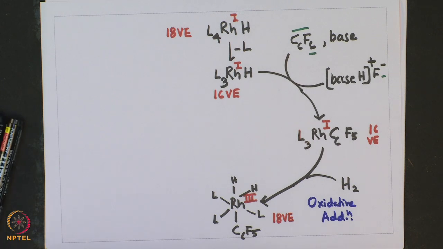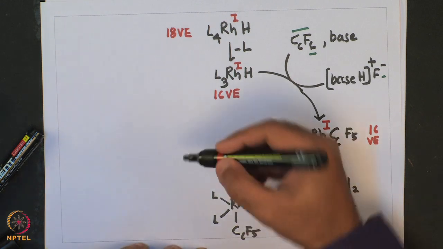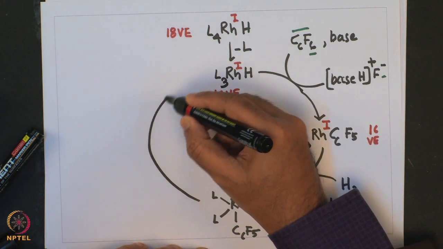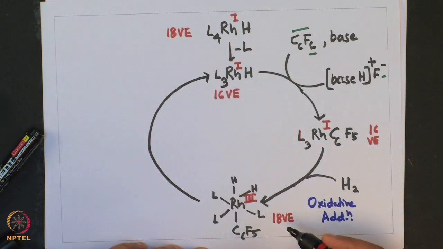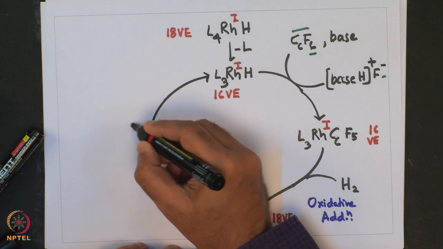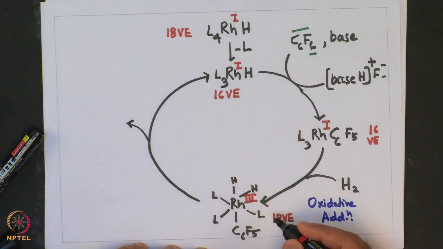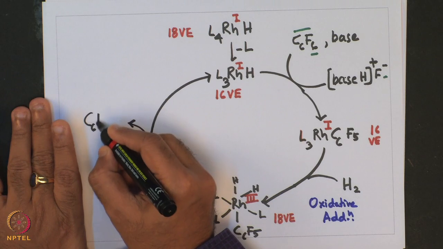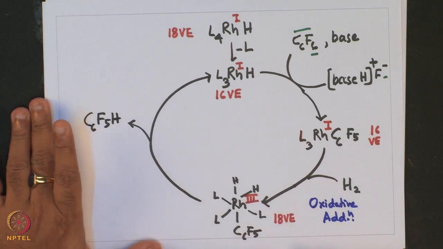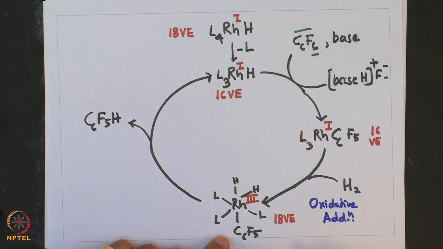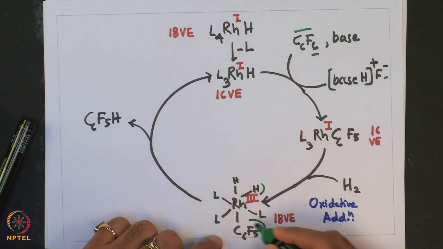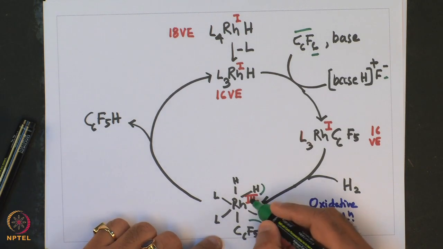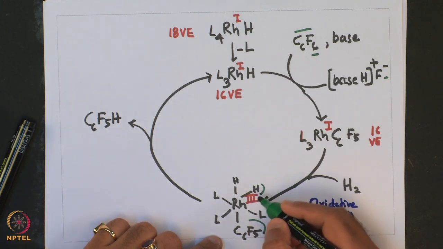The next step which follows this oxidative addition step is a crucial step that eliminates the hydrogenated perfluorobenzene, which is C6F5H, and as one can see, this release is because of reductive elimination between this C6F5 and the rhodium hydrogen bond.